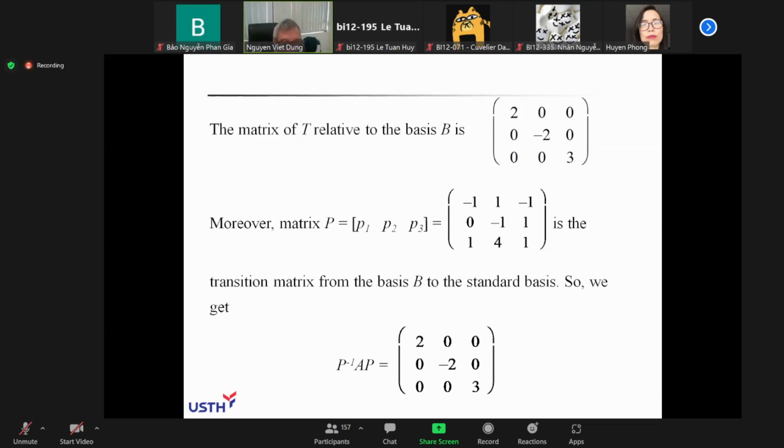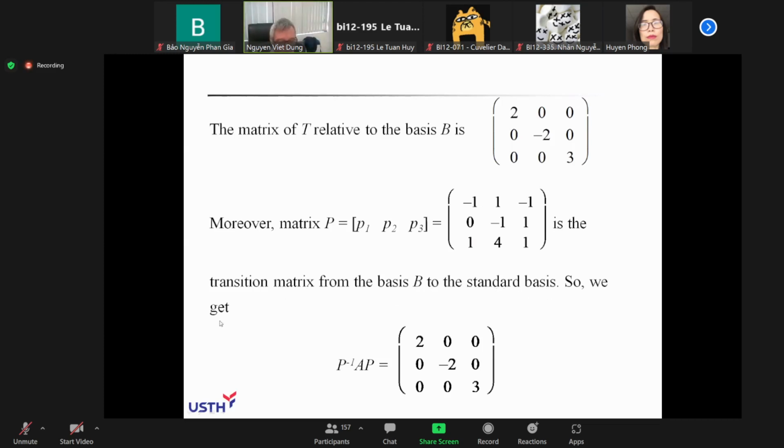Moreover, if you remember the matrix P we wrote in the previous slide, the matrix P consisting of that is exactly the transition matrix from the basis B to the standard basis.